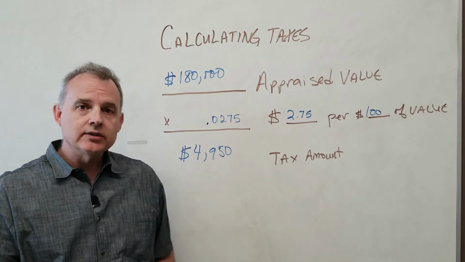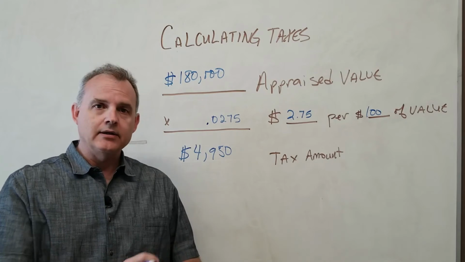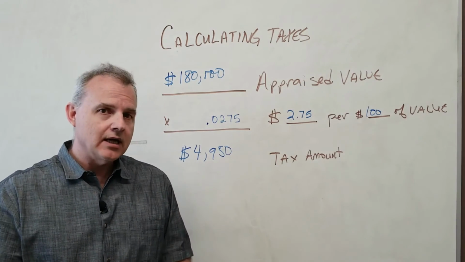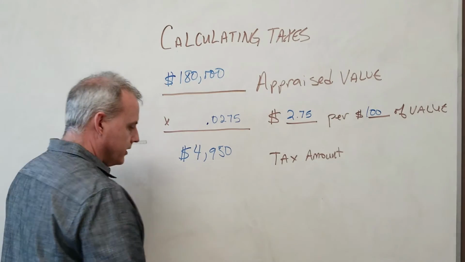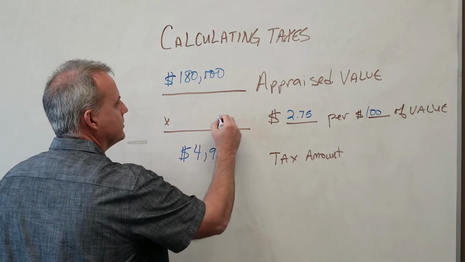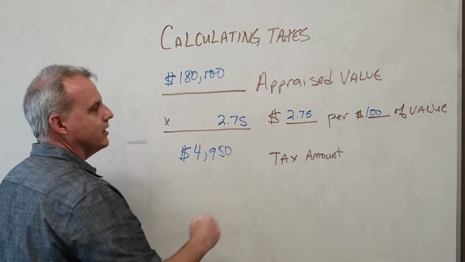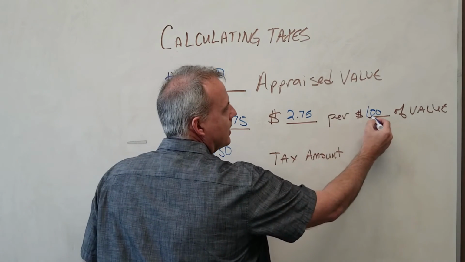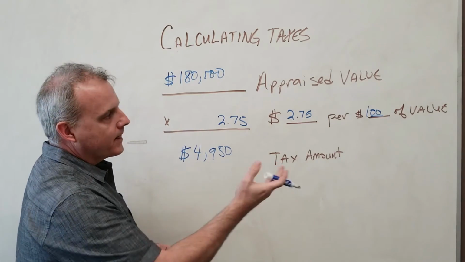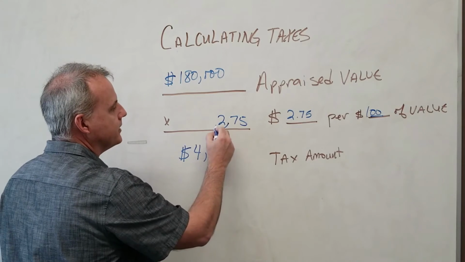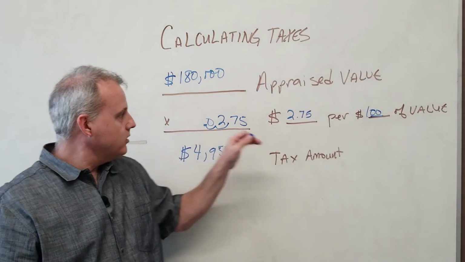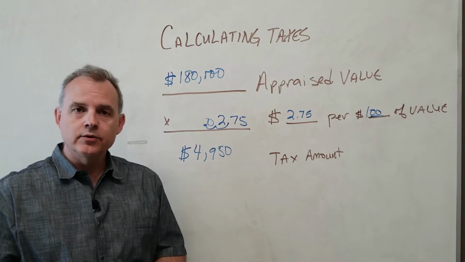Now there's a little trick that I've learned over the years, because sometimes the math problem might express this as $2.75 per $100 of value, or $2.75 per $1,000 of value. The way that we figure that out, a shortcut here, is we know it's $2.75. If it's $100 of value, there are two zeros in 100, so we simply move the decimal place two places.